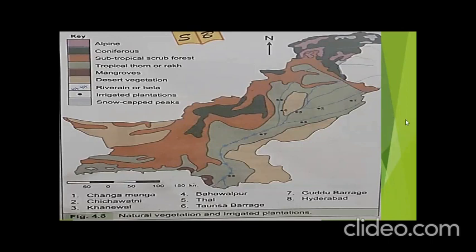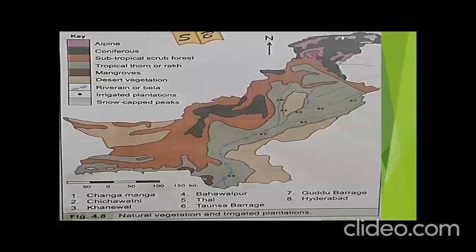The largest area of coniferous forest is in Khyber Pakhtunkhwa, followed by Gilgit-Baltistan. Do you know that these types of forests have an ability to survive in severe cold climate?